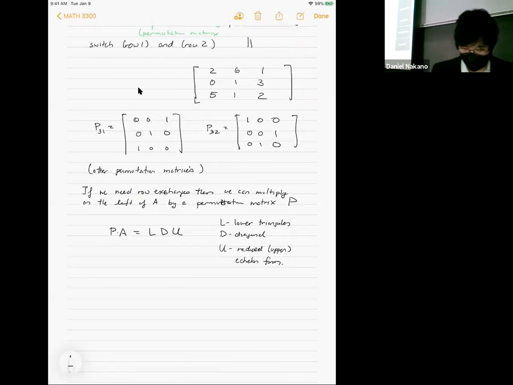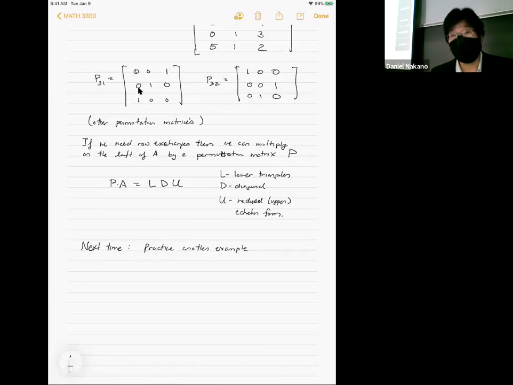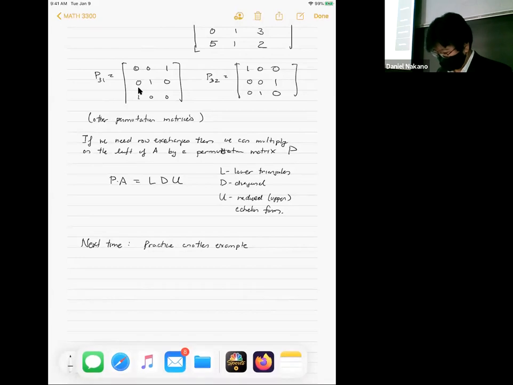All right, so next time we'll go back and practice another example of this, just to hone our skills a little bit and make sure we understand the concepts.